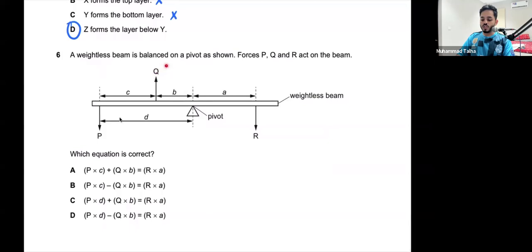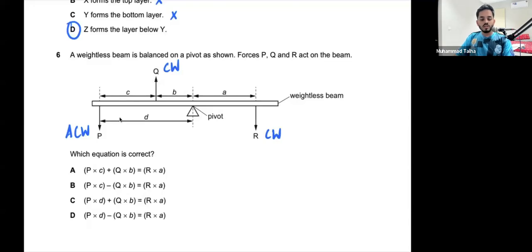So if I look at Q, this produces a clockwise moment. Right, so Q is producing a clockwise moment. So this is clockwise. If I look at P, P is obviously anti-clockwise. And if I look at R, this is also clockwise.